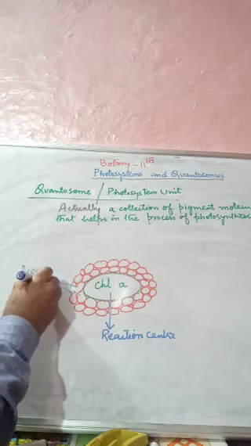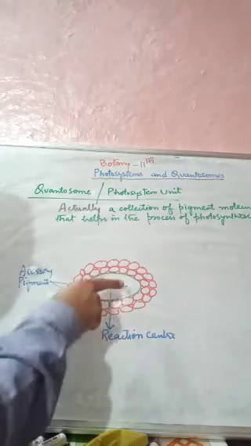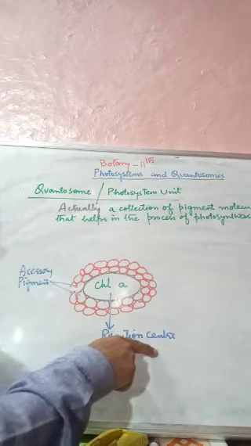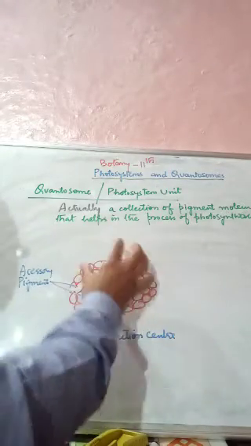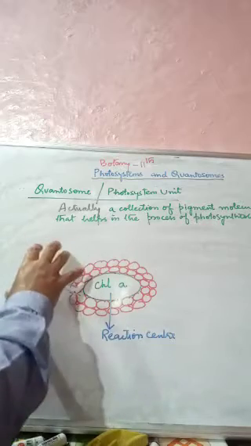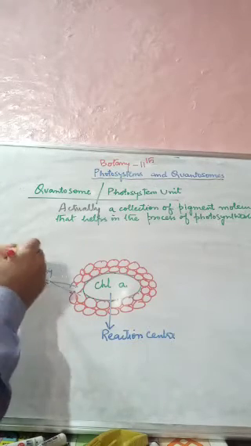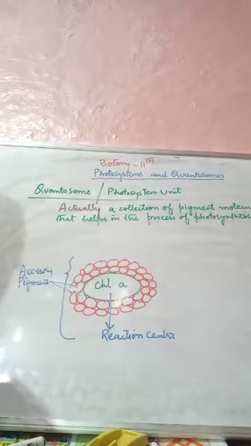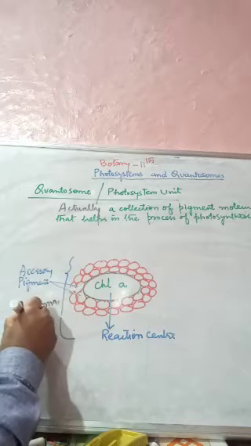Whatever reactions take place, the chlorophyll A is the reaction center, and in its surroundings we see different pigments present there, that may be the carotenoids, phycobilins, chlorophyll B, C, D, E, etc. They are what we call accessory pigments, and this whole complex is called the antenna complex.